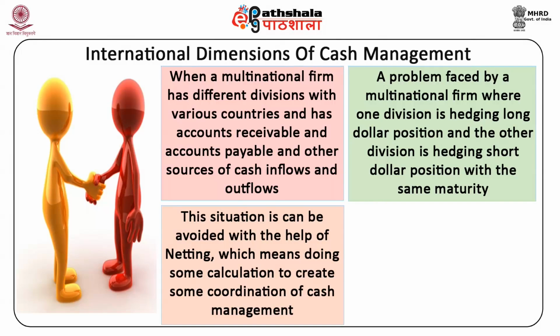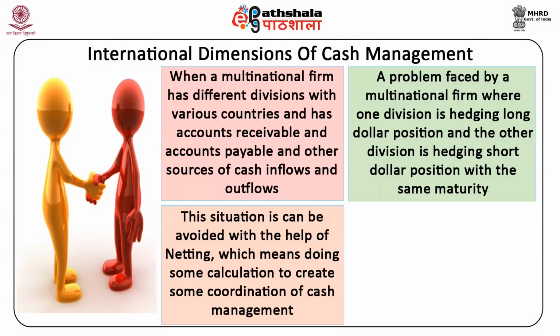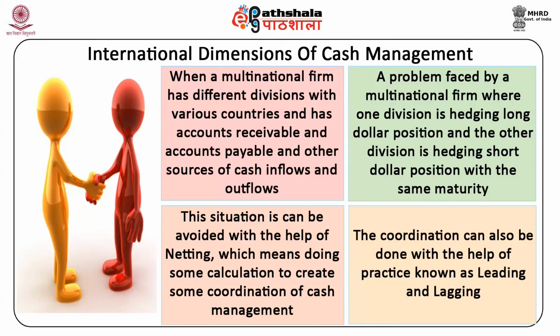This situation can be avoided with the help of netting, which means doing some calculation to create some coordination of cash management. The coordination can also be done with the help of a practice known as leading and lagging. Leading and lagging involves the movement of cash inflows and outflows forward and backward so as to take the benefit of delaying taxes by delaying income.